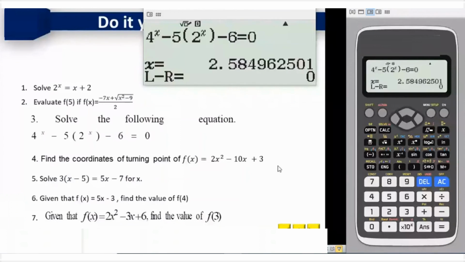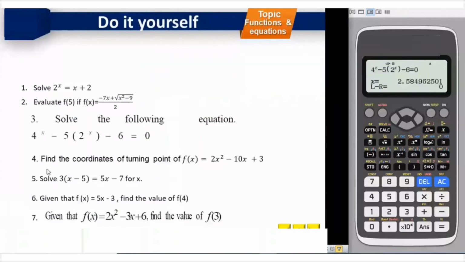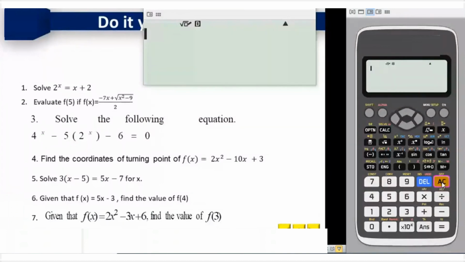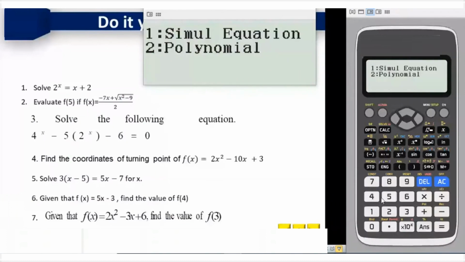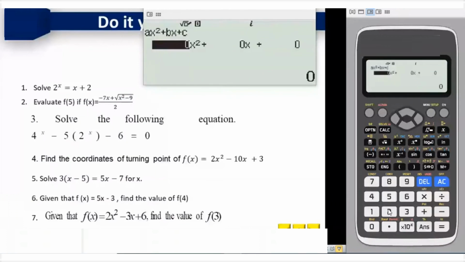All right. Then the question says in question number 4, find the coordinates of the turning point of this. If I were solving this particular question, I would have recalled that the easiest way of finding the turning point is to go to menu, press A, solve a polynomial with degree 2, and write 2 equals, minus 10 equals, 3 equals.